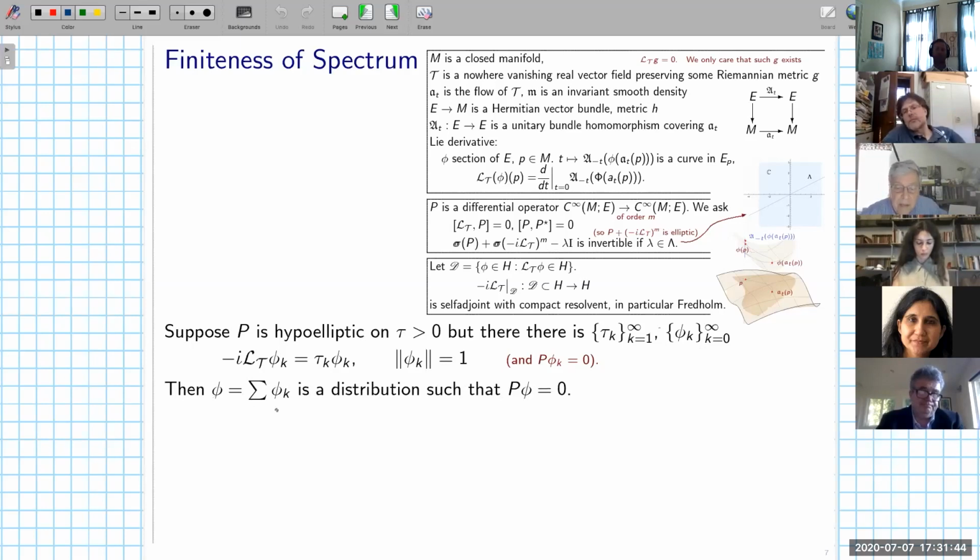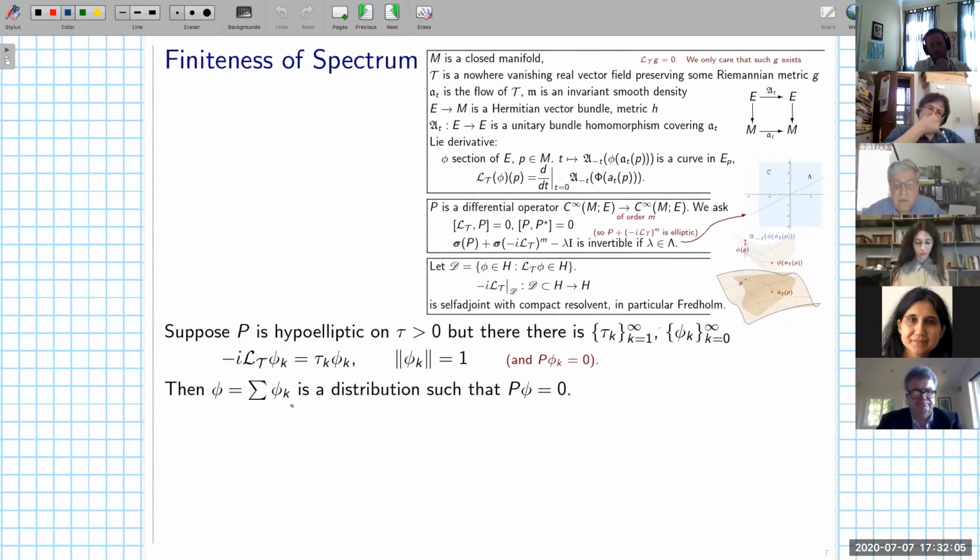When I add all these sections, I get a distribution such that P applied to the distribution is equal to 0. So this sum converges in the weak sense, because if you pair a finite sum of this with a smooth function, what you're doing is looking at the Fourier expansion in terms of the eigenfunctions of the operator.